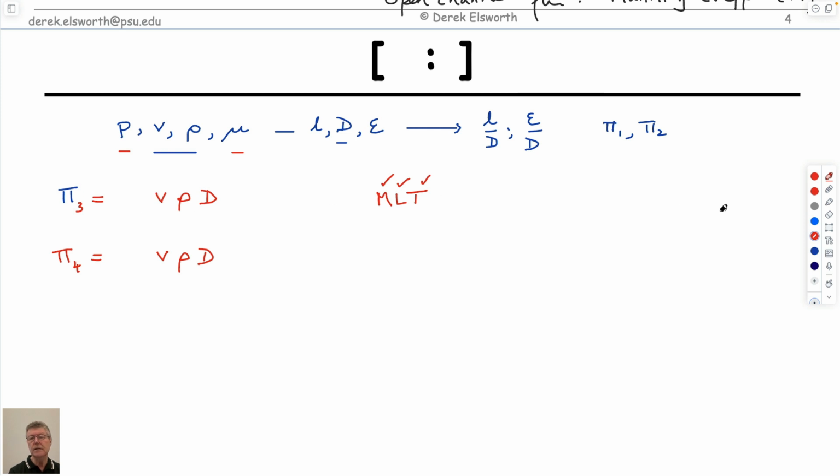But if I add, for instance, viscosity here and pressure here, then all these pi groups say is that these pi variables have to have units of mass, length, and time, which are to the power individually 0. And so what I can do is I can put here exponents a, b, and c.